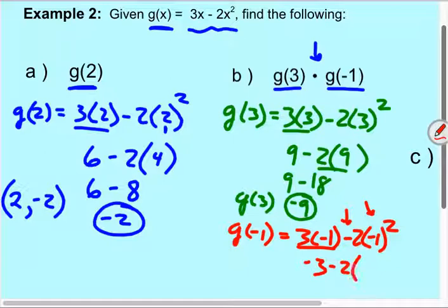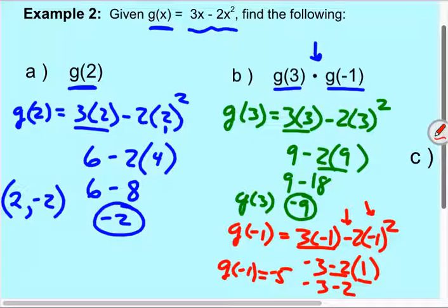Negative 2 times what, though? Negative 1 squared. Negative times negative is a positive 1. So basically, this is negative 3 minus 2, because negative 2 times 1 is negative 2, so it's just negative 3 minus negative 2. This is going to be g of negative 1 equals negative 5.